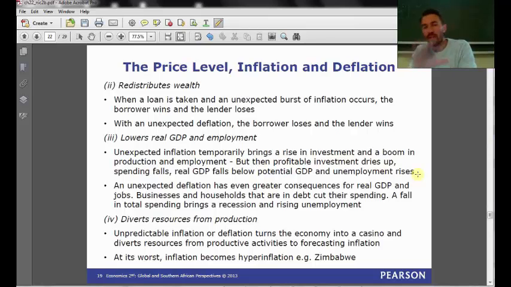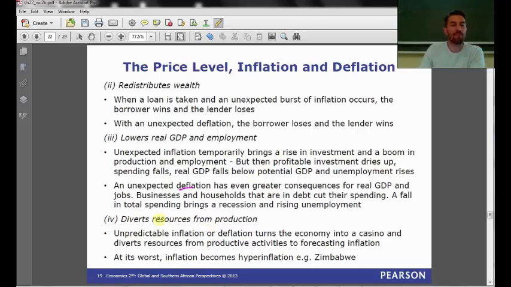Okay, so there's a lot in that statement, and we will look at the models that suggest that this is the outcome. We're going to look at diagrams and theory that suggests this is what's going to happen when you have unexpected inflation. Obviously, with an unexpected deflation, the opposite occurs.